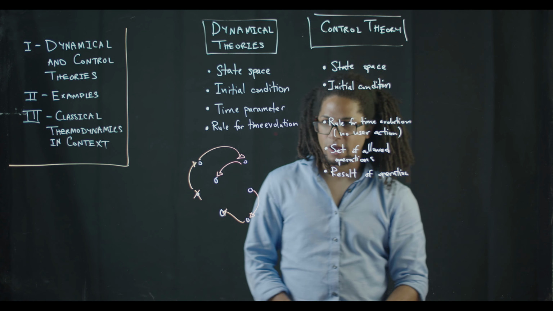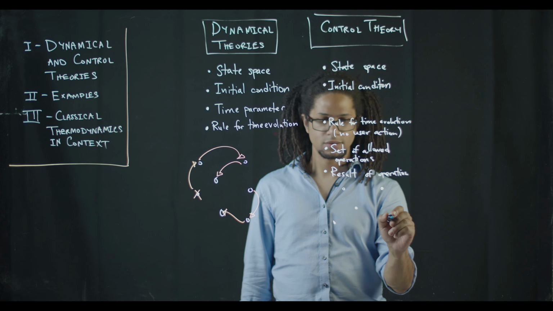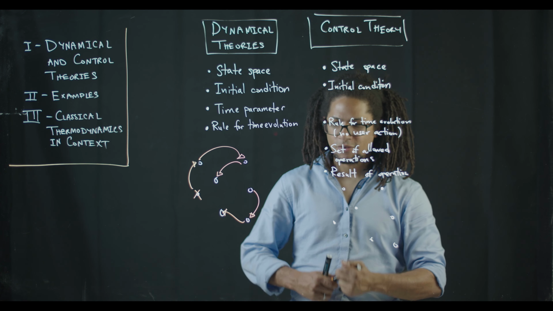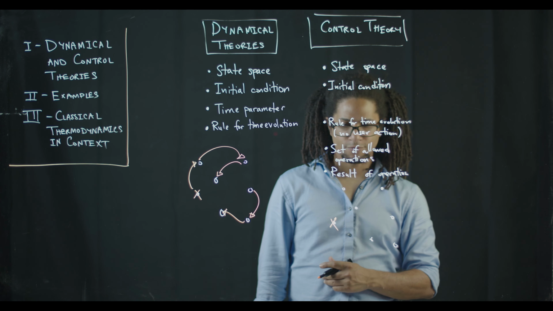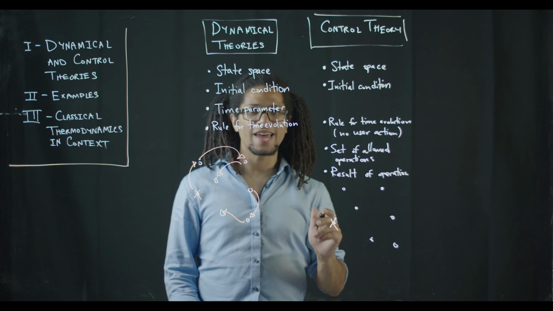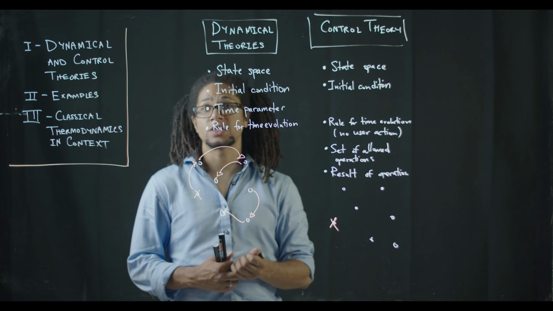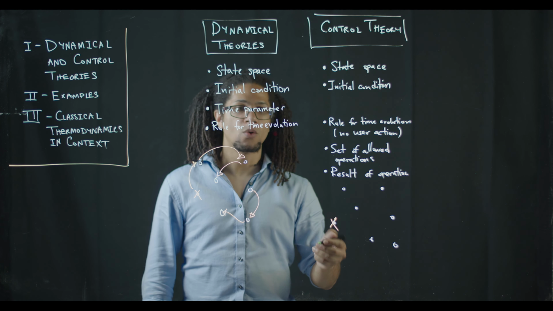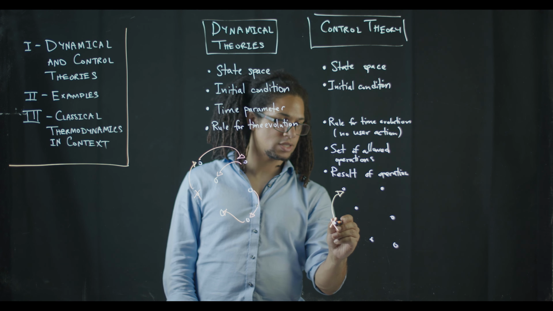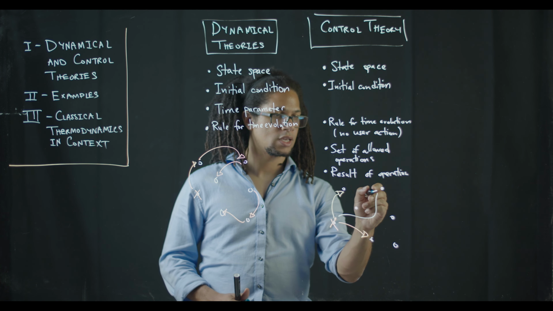A control theory, on the other hand, might have the same states, but instead, given that we started at this state, perhaps, it tells us where we can go. So perhaps there is a set of 3 allowable operations, one of which takes us here, one of which takes us here, and one of which takes us here.